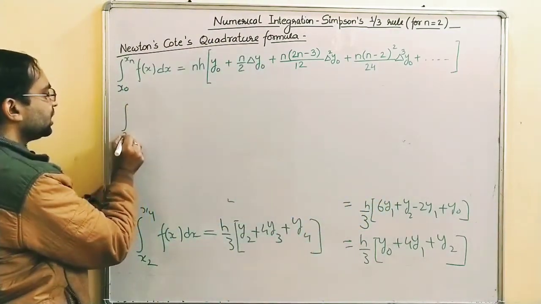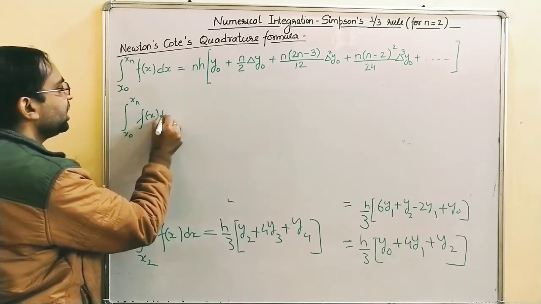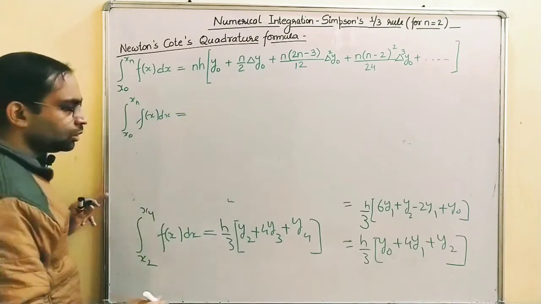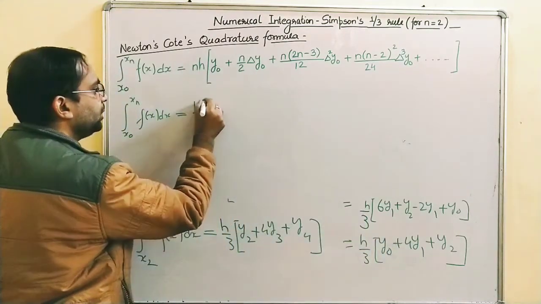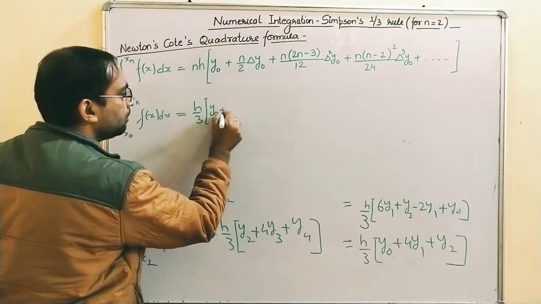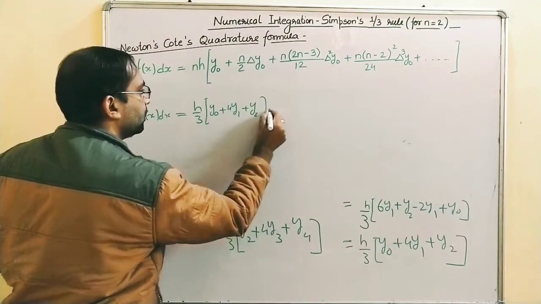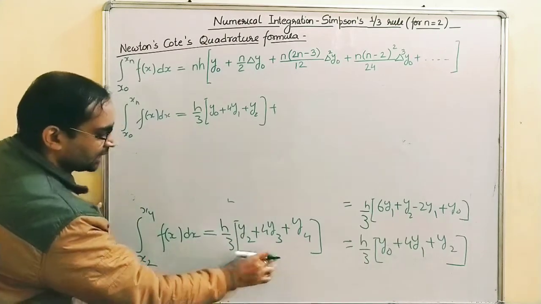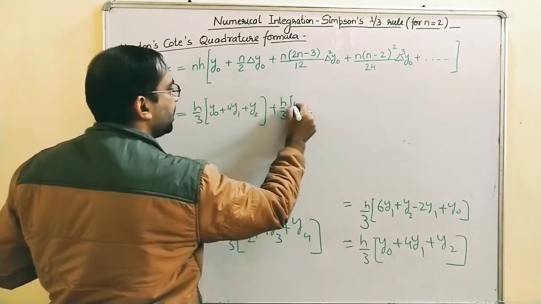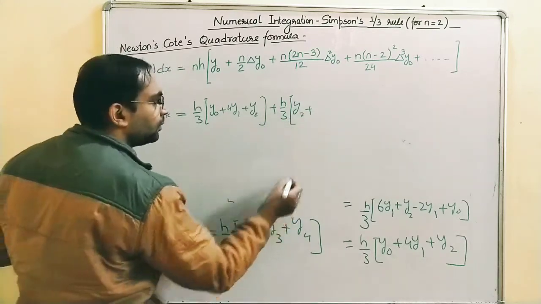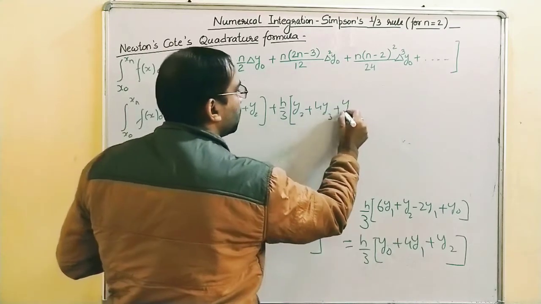Now this x0 to xn f(x) dx will be equal to, I'll write the first solution, h upon 3 [y0 plus 4y1 plus y2], plus the second interval as we had evaluated, h upon 3 [y2 plus 4y3 plus y4].